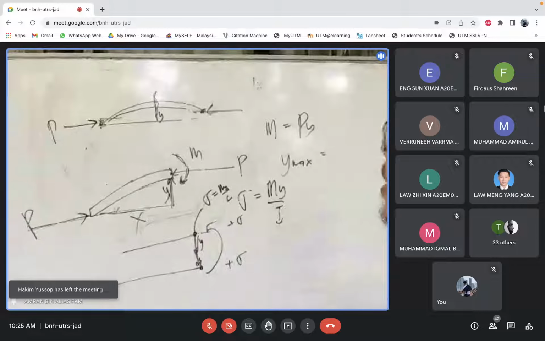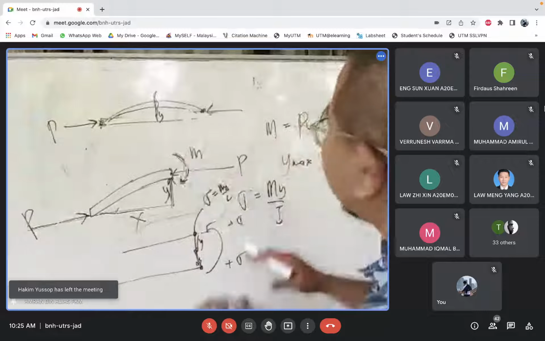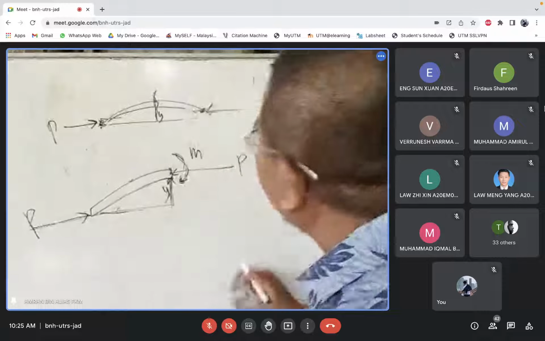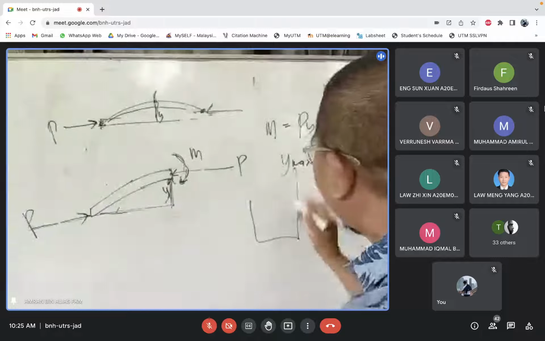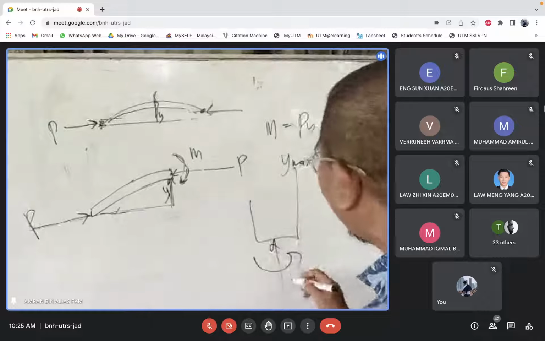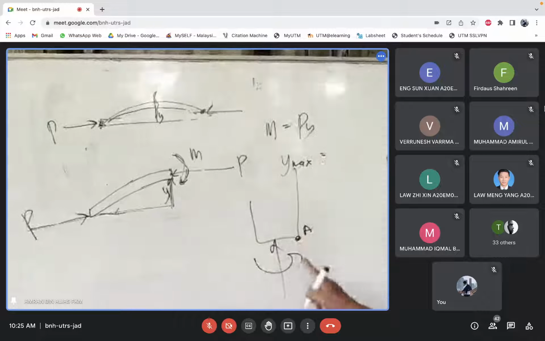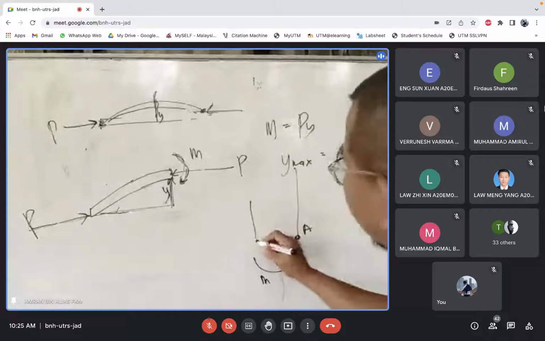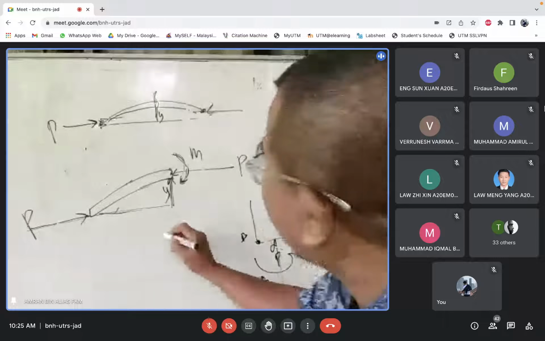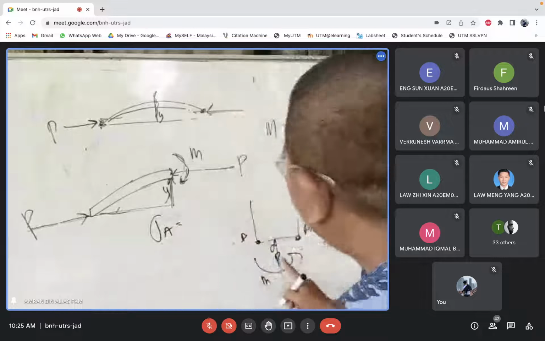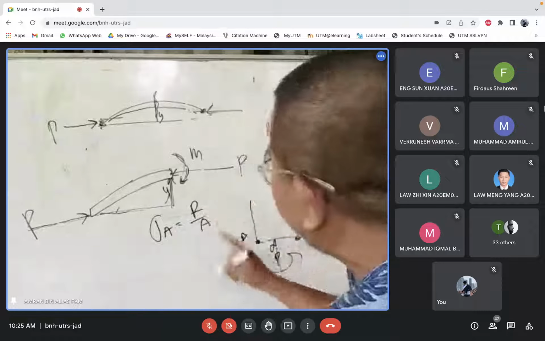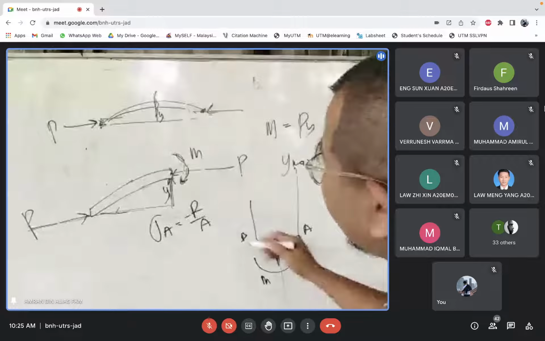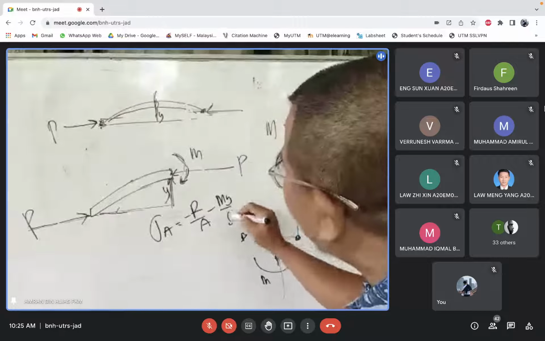What is the stress again? Go back to the basic formula. If we have a P and then we have a moment there, how do you get a stress there? So the stress at A is equal to what? Must be negative P over A, compression, and then we have a minus My over I, correct?